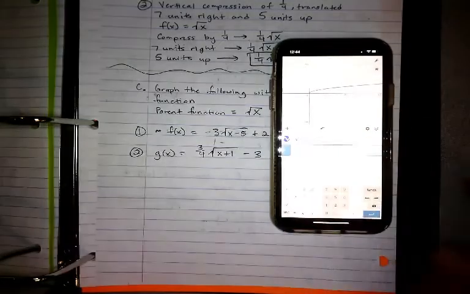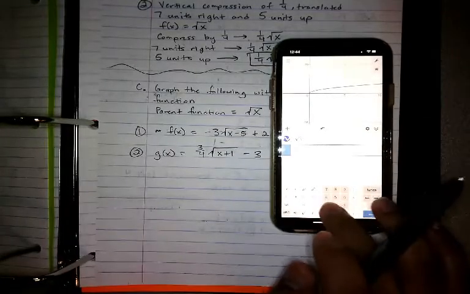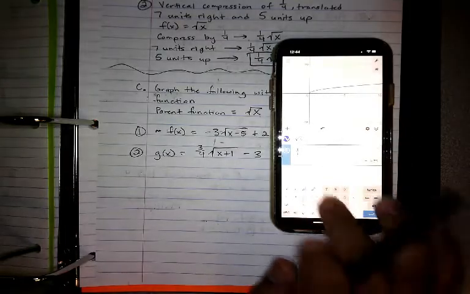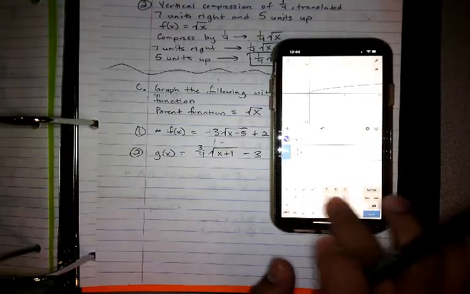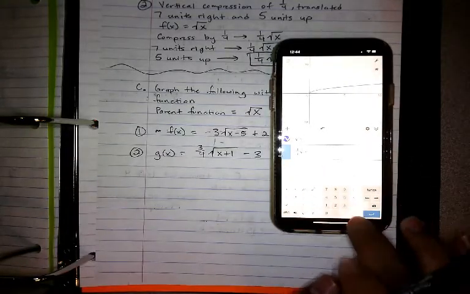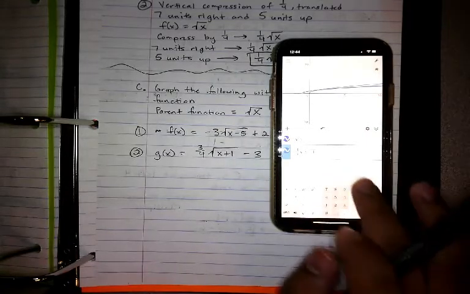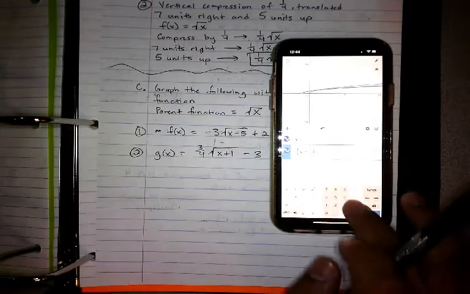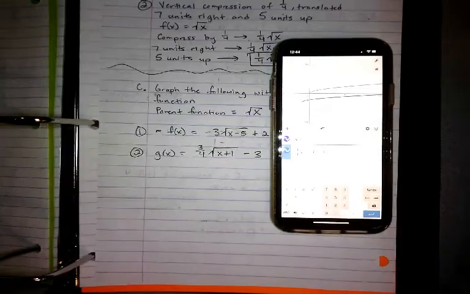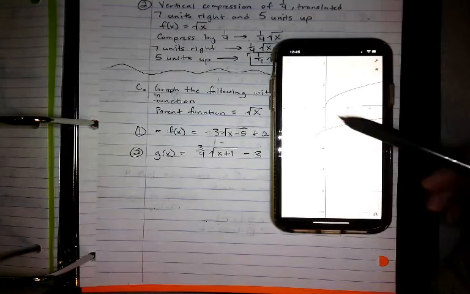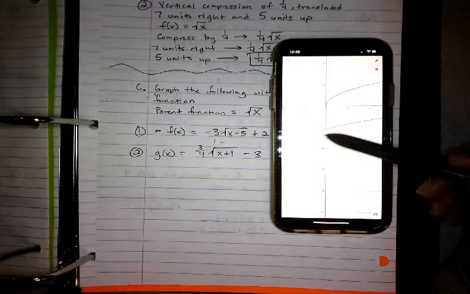So let's look at the next one. We have 3 divided by 4 times the square root of x plus 1, and then you got minus 3. Again, this is my original parent function, and this is where my other one starts.